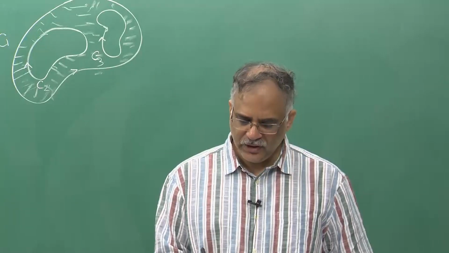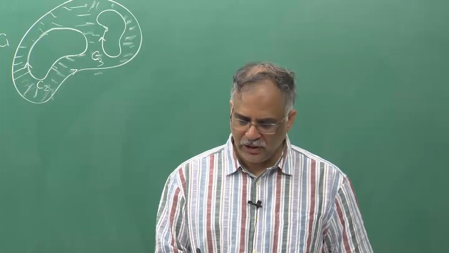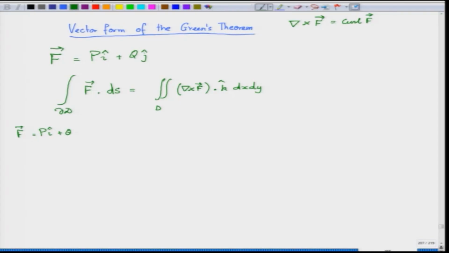So, f is p i plus q j. Now, curl is in terms of 3 components, so I have to write it in terms of i, j, k.